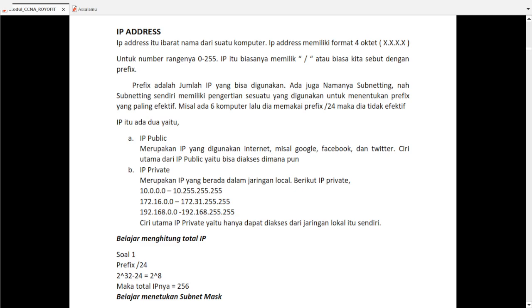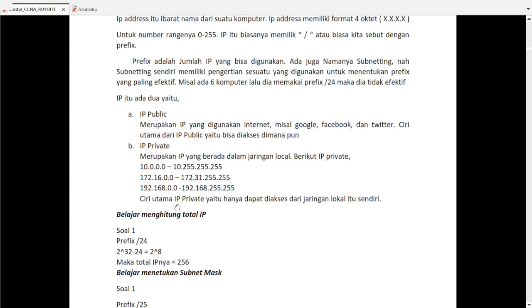Okay, you can see friends, in this presentation there are several IP private ranges, such as 10.0.0.0 to 10.255.255.255 and so on.